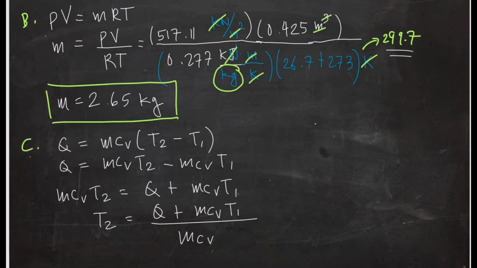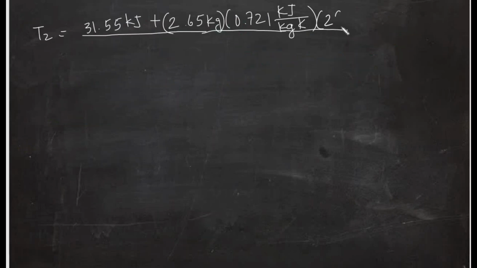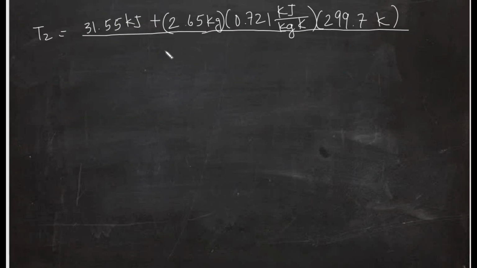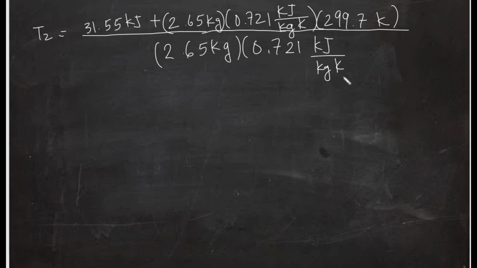T sub 1 is 299.7 Kelvin. Okay, and then we divide by m times C sub V. So again, mass 2.65 kilograms times C sub V, 0.721 kilojoule per kilogram Kelvin.